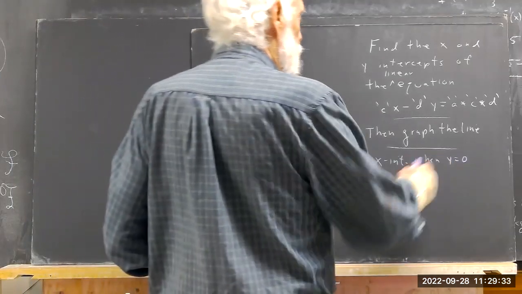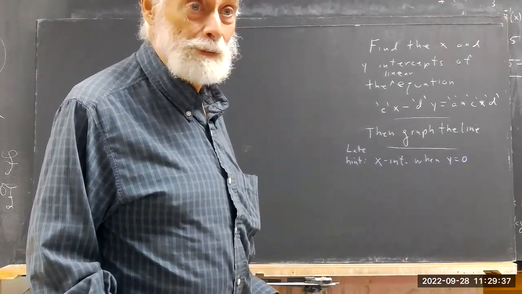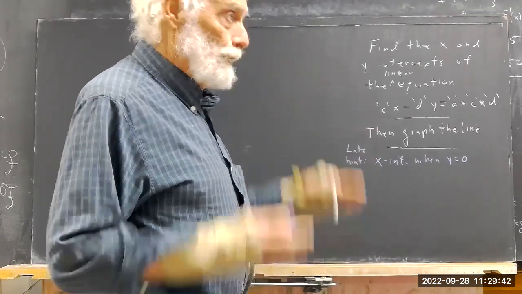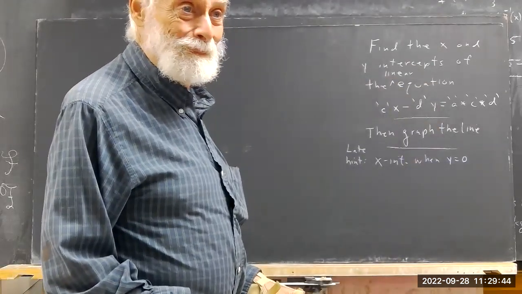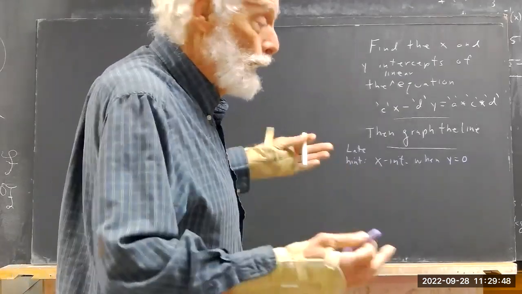The X-intercept occurs when Y equals 0. It's the primary thing you have to know about this section. Some of you got out of the section and didn't understand that that was the big thing. Everything else is easy if you know that, if you practice it.